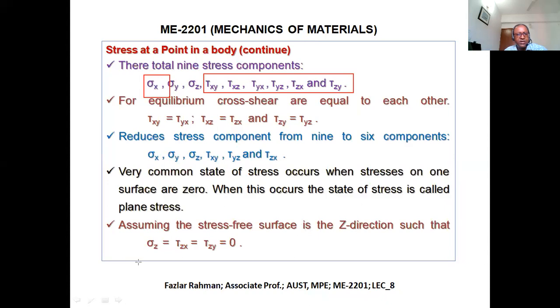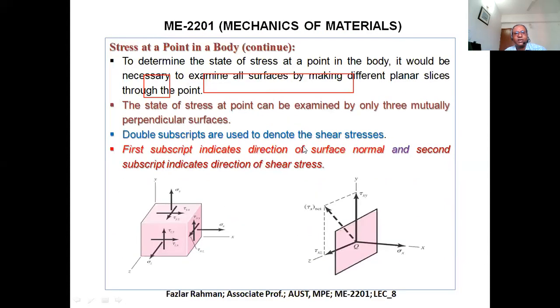Now, the body is not moving. We are working with a static body, right? So that's why this tau xy working upward, what will be on this side? This tau xy will work downward. Tau xz works in this direction, and on this face it will work along this direction.